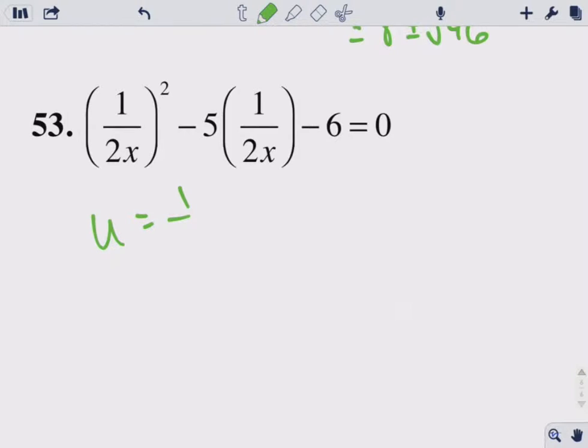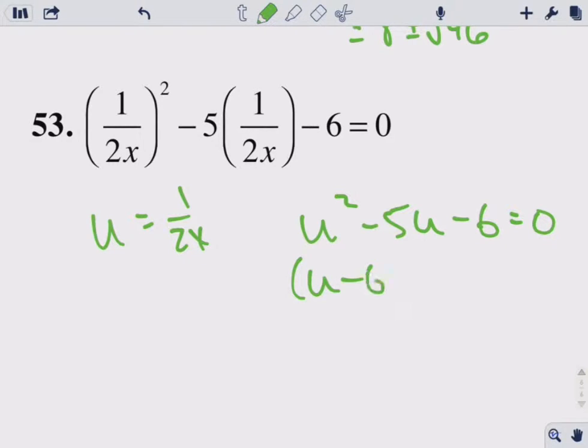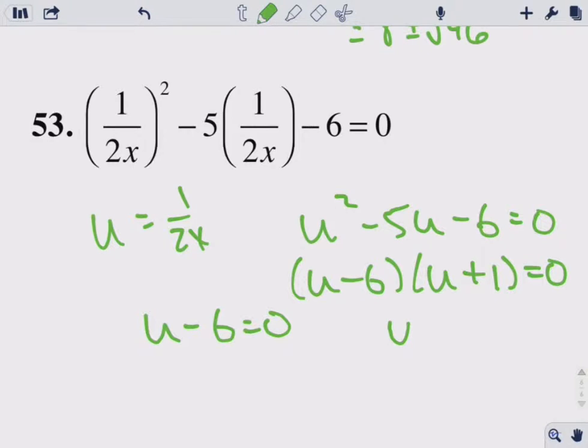U is equal to 1 over 2x. So I get u squared minus 5u minus 6 is equal to 0. I already factored that over there, but again, that's u minus 6, u plus 1 is equal to 0. So u is equal to 6, and u is equal to negative 1.